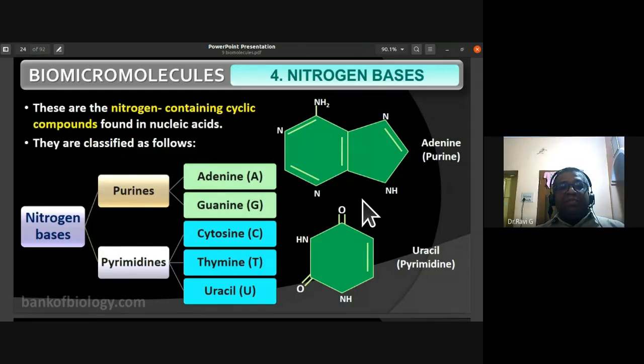See, the pyrimidines have a single ring structure, whereas purines have a double ring structure. Whereas pyrimidines have only the single ring structure. Okay, so the nitrogen bases are of two types, purines and pyrimidines.